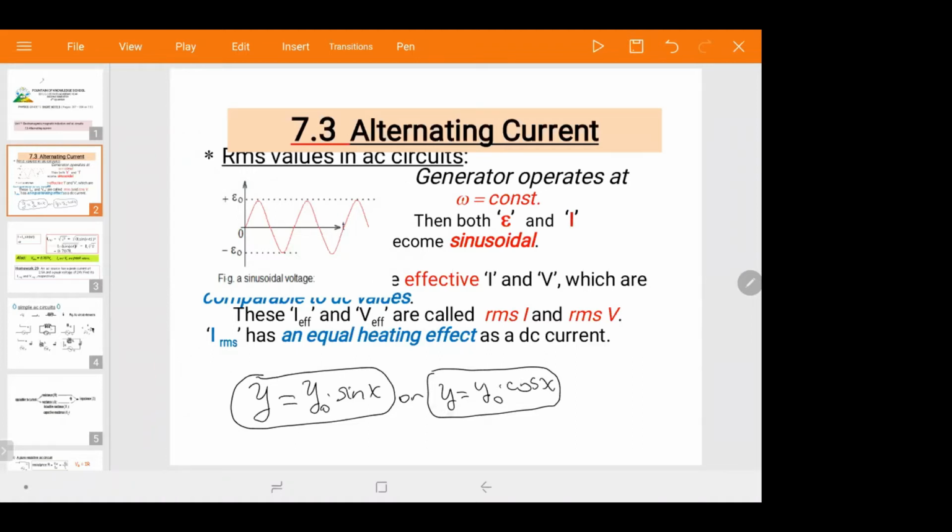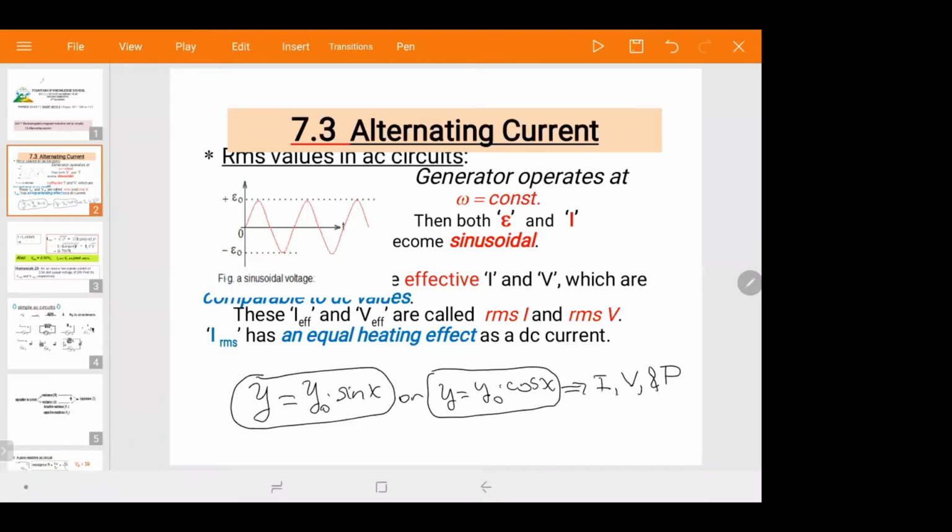We say y sinusoidal. So what do we have in the place of y in physics? We have current, we have voltage, and later on you'll see that we also have power. But first of all, current.